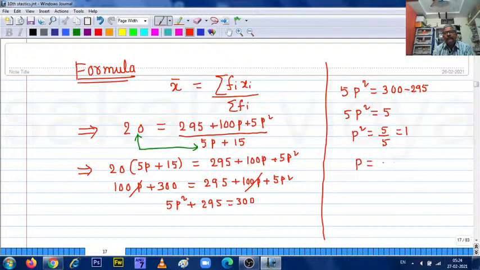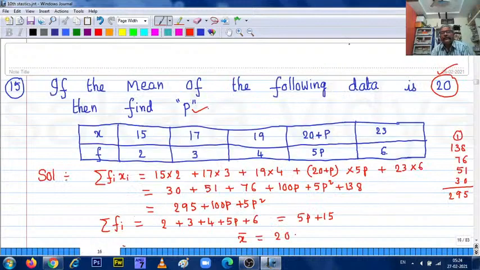So p is equal to root of 1, therefore p is equal to 1. This is the answer. So my dear students, modify the question: it should not be 20 minus p, it should be 20 plus p.